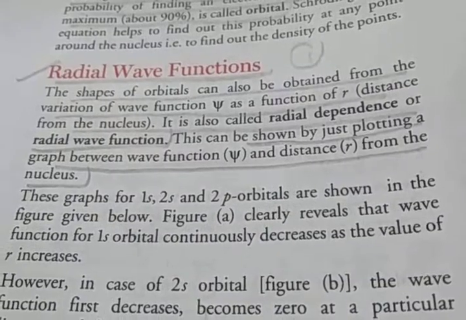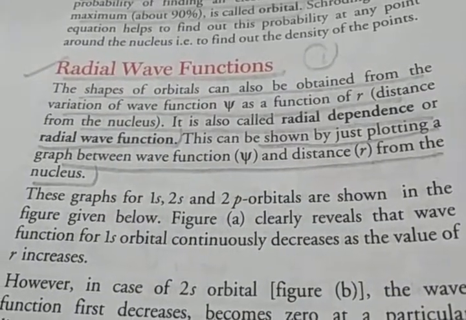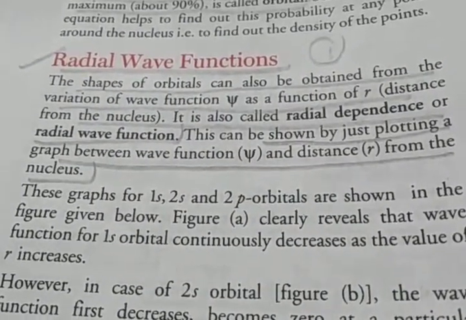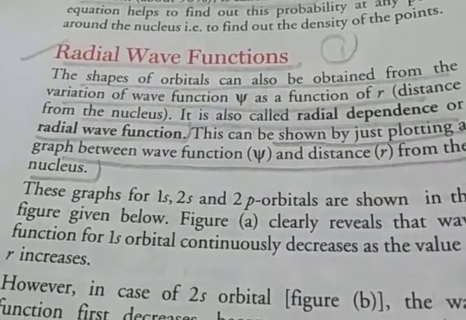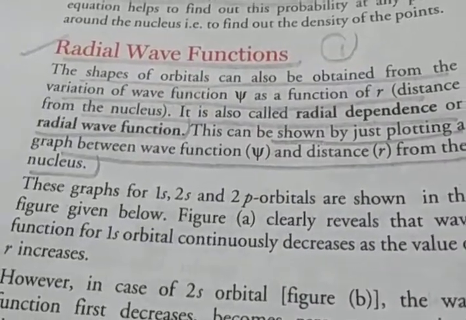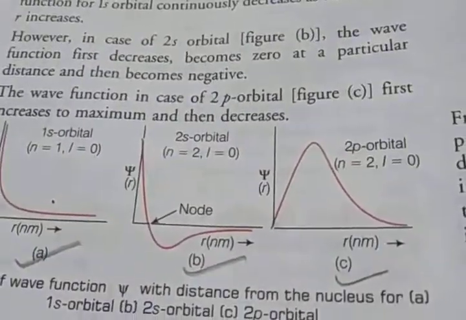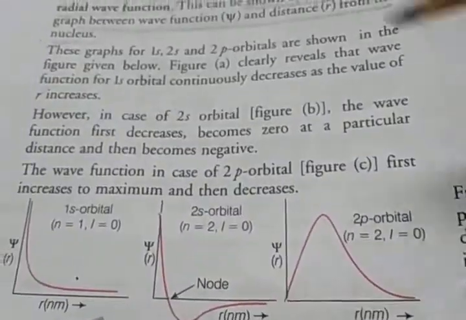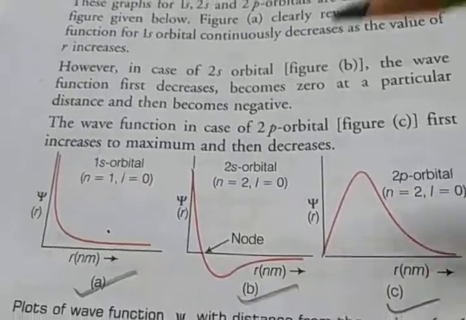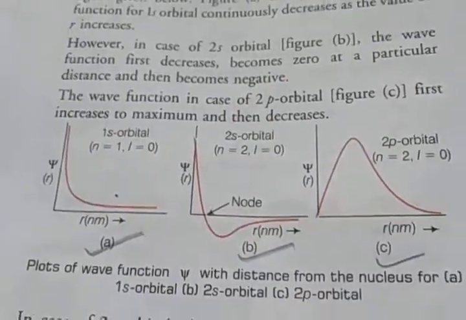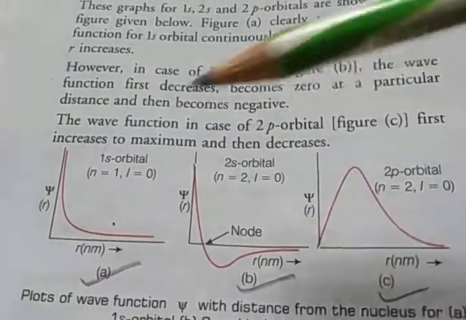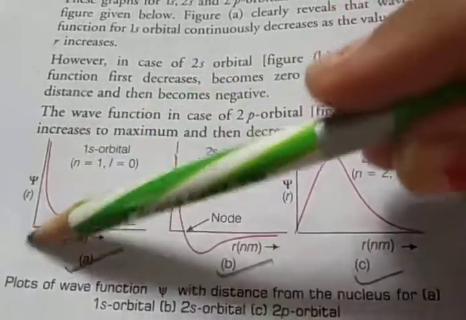There are two ways to represent the shape of atomic orbitals: first, the radial wave function, and second, the boundary surface diagram. First is the radial wave function.